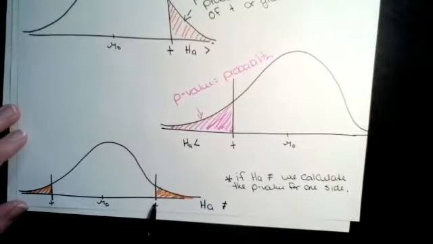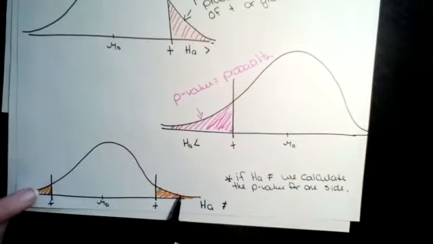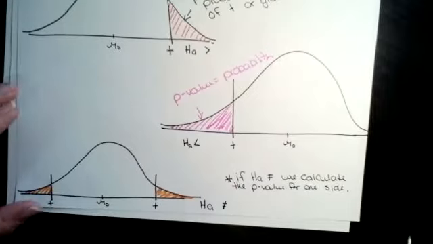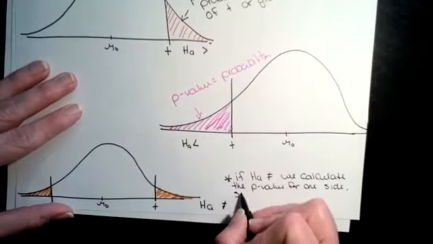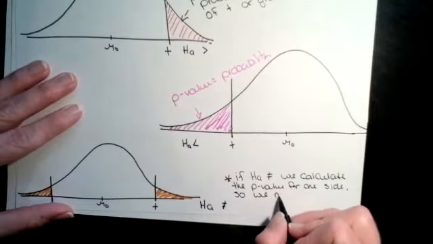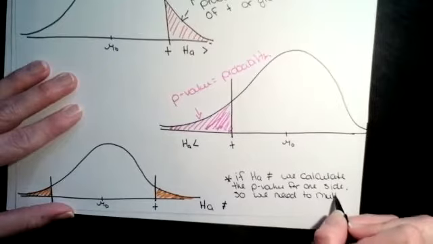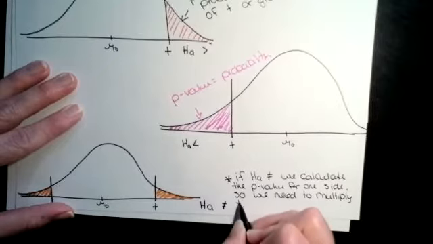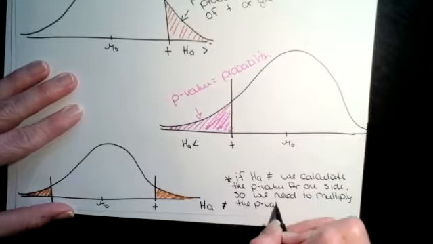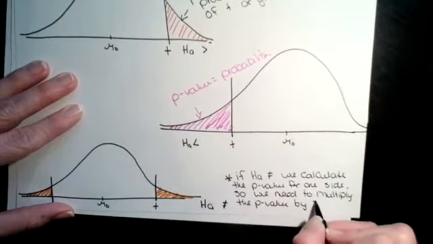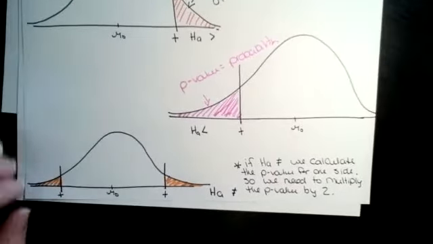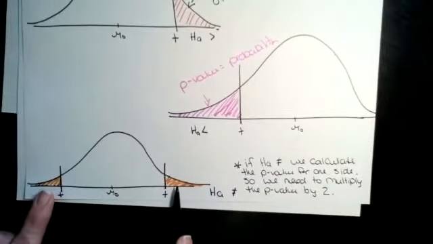So if my test statistic is up here, I'm calculating this orange area up here to the right, but I didn't calculate it for here. But it's symmetric, it's the same. So we need to multiply the p-value by 2. So we want to make sure we use both sides and not just one side.